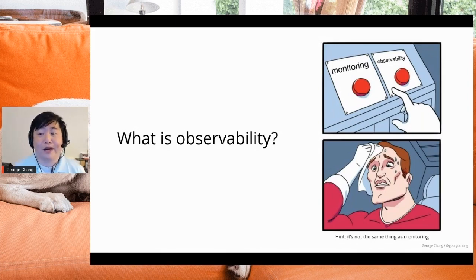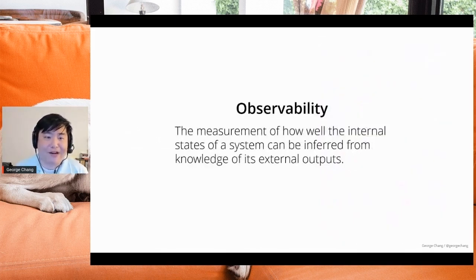It's more than monitoring. So the official definition of observability is the measurement of how well the internal states of a system can be inferred from knowledge of its external inputs, which is a really fancy way of saying we should be able to see how well a system is working by looking at the stuff that it puts out, right?